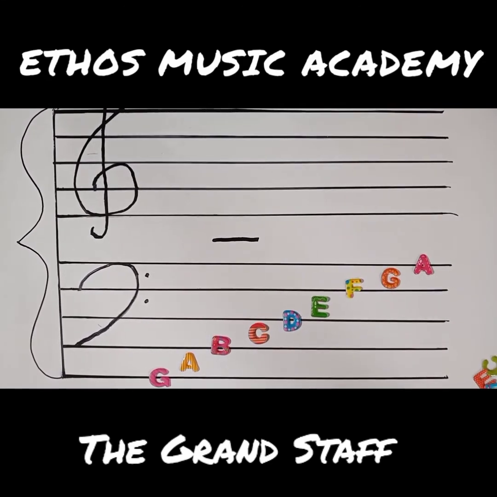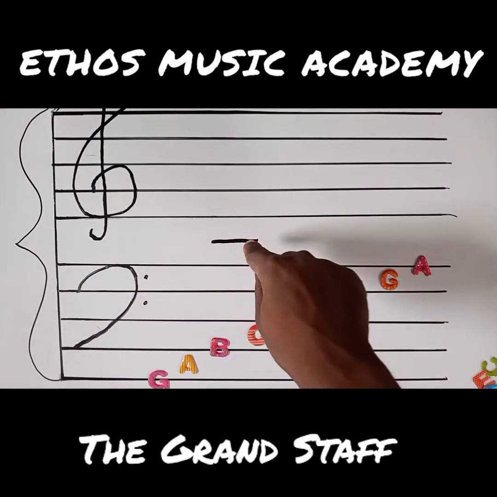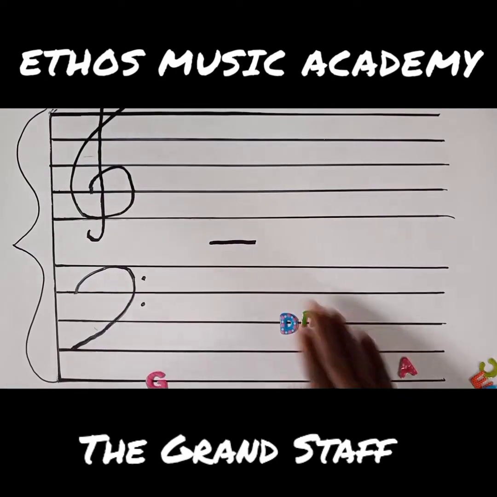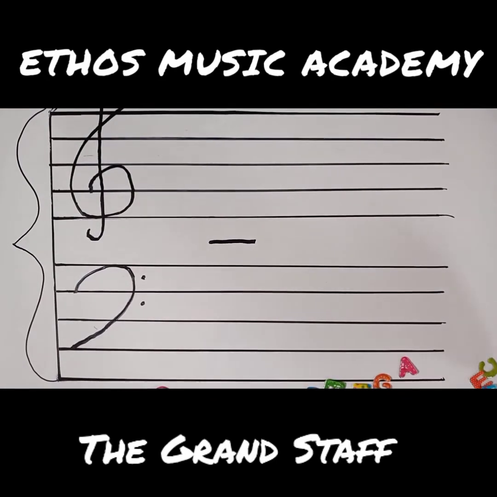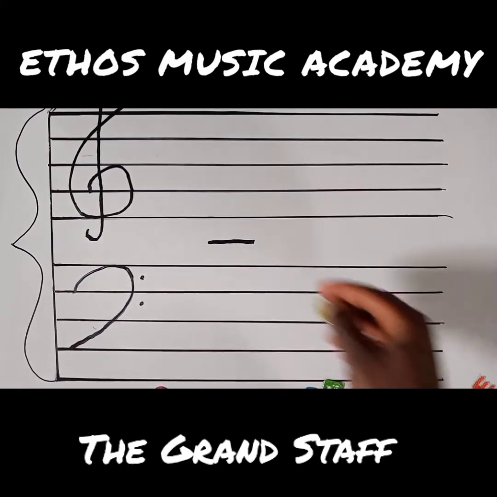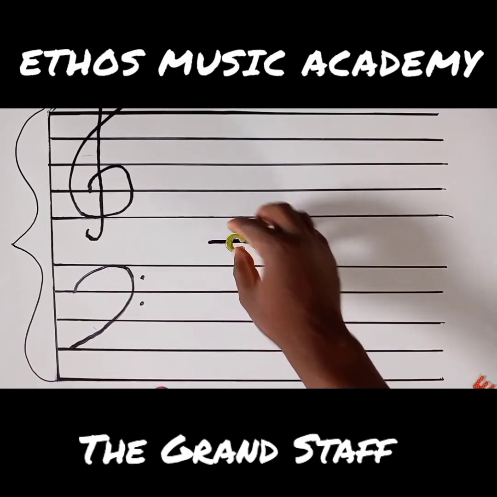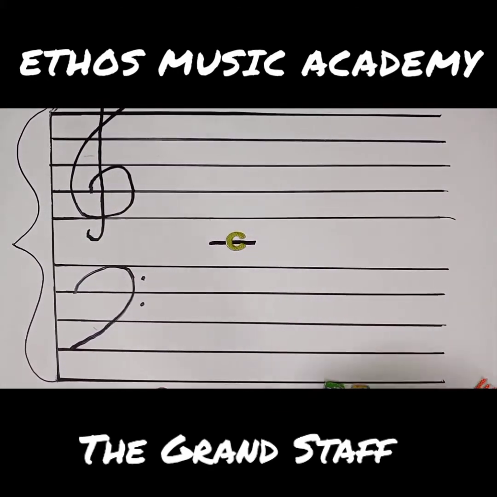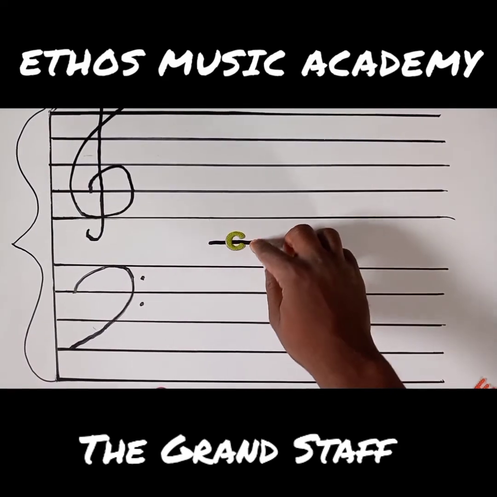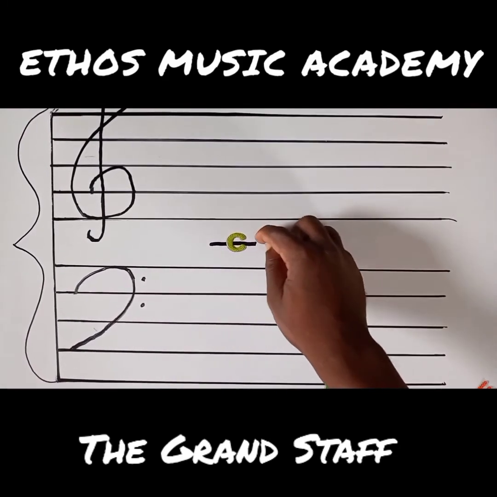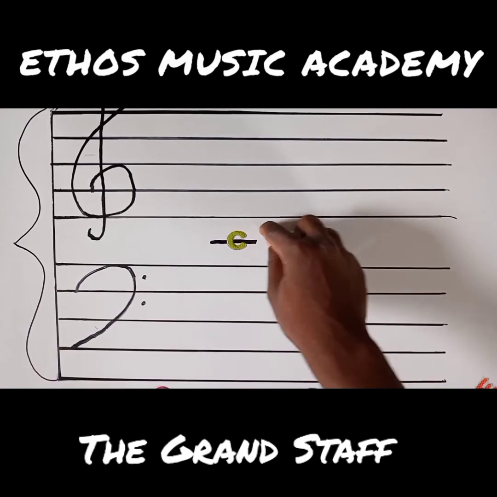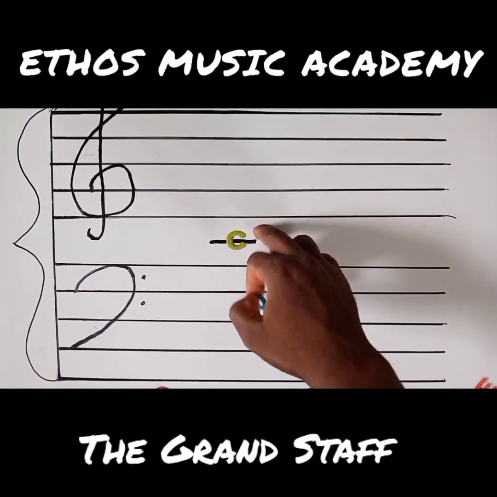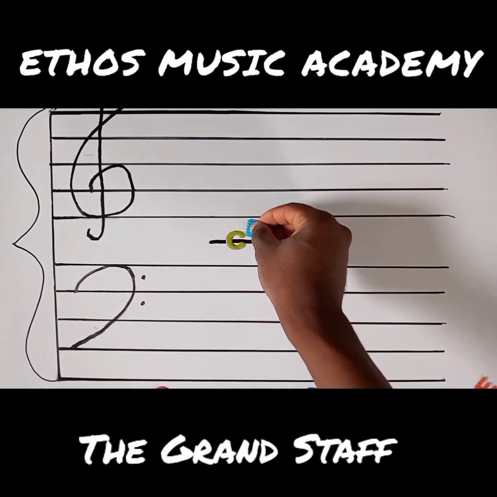So now, like I said earlier, we have the middle C, which is the invisible line. And then from the middle C, you can also get your letters from that point. So you have your C. In between your middle C and your first line of the treble staff, notice there's a space. That space is called the D space.